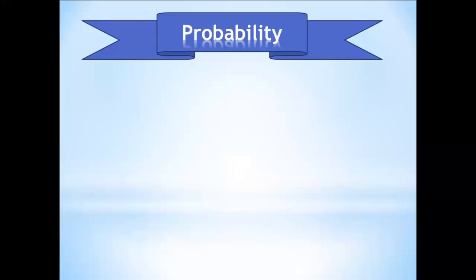What's the probability that the elephant can fly? Zero, because it is an impossible event. So the probability is the number of ways the event can happen over the total outcomes.